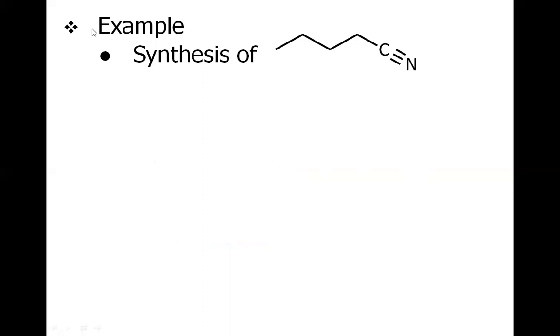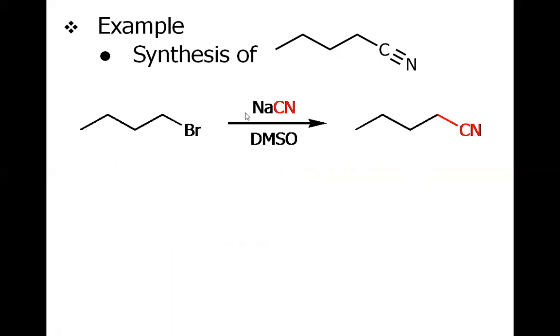Suppose we want to make this compound. This is pentanenitrile. So you must be thinking that if we simply use the alkyl bromide and the attack of the cyanide on this carbon, this will be a simple bimolecular SN2 substitution reaction, because the cyanide will attack this alpha carbon, and this bromine will depart to have this product formed.